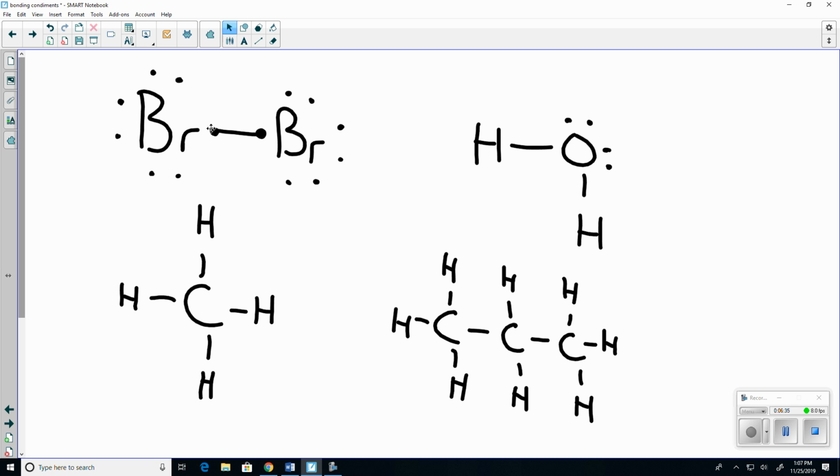Methane, which is CH4, each carbon bonded 1 time. 2, 4, 6, 8 when you count the bonds. Hydrogen's already at the octet as well. And then on the bottom right is propane. Same sort of pattern, except for it's a longer chain. There's so much within chemistry that is long chains of carbon, and then what comes off of it.